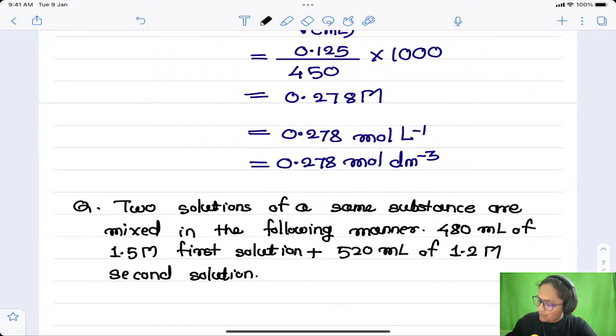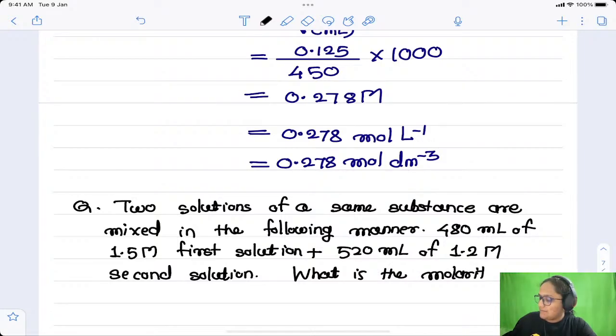Full stop. What is the molarity of the final solution?